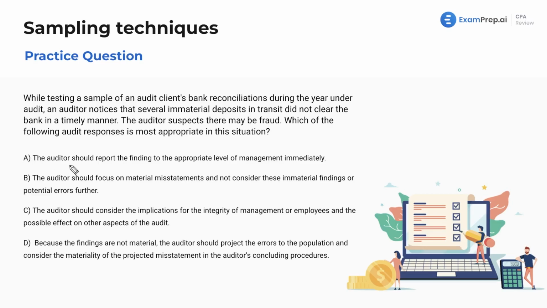First, the auditor should report the finding to the appropriate level of management immediately. That's an interesting point because communication is super important. However, while communication does dictate that we should go to a level above those who commit fraud and tell them about it, two points here.